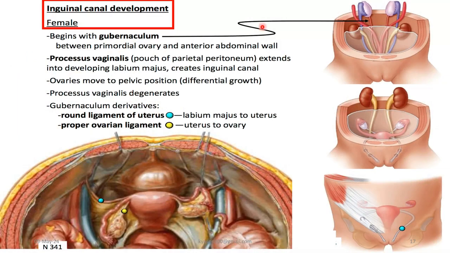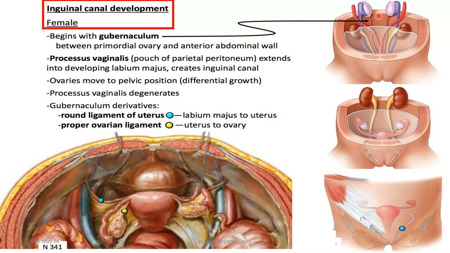In women, the inguinal canal is also going to form during the process of gonadal descent. Within women, the gonads, we know that they are the ovaries, are also going to form close to the posterior abdominal wall, and they are going to be pulled down by this fibrous structure that we call the gubernaculum.